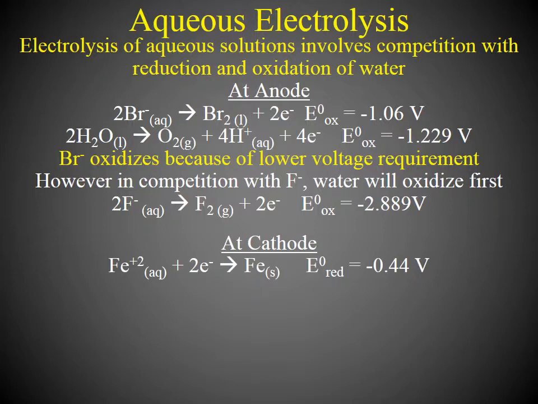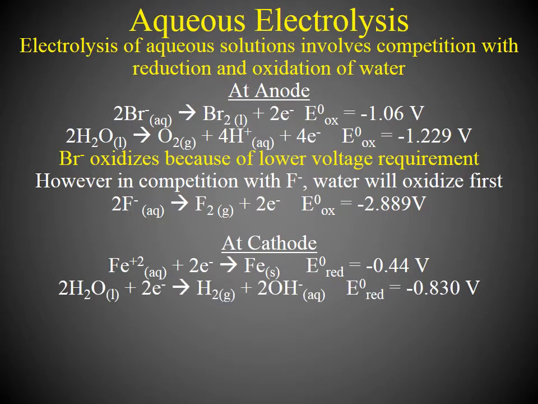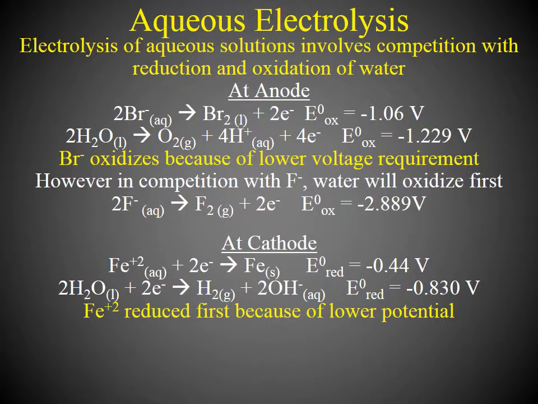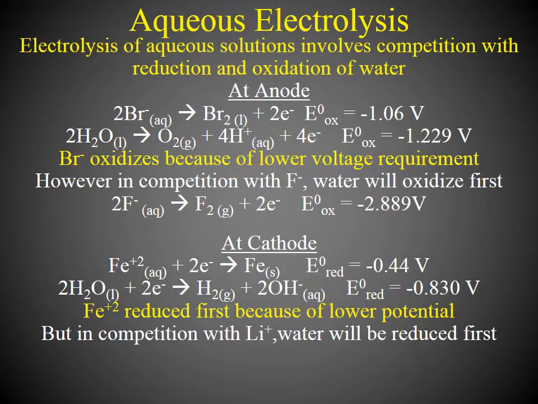At the cathode, on the other hand, if I compare the reduction of iron 2 to the reduction of water, once again I see that the reduction of iron 2 will occur first because of its lower potential, but if it were in competition with lithium ion, water will be reduced first, simply because the lithium ion requires a much higher voltage. And by the way, if we were ever to produce lithium in the presence of water, what do you think would happen?